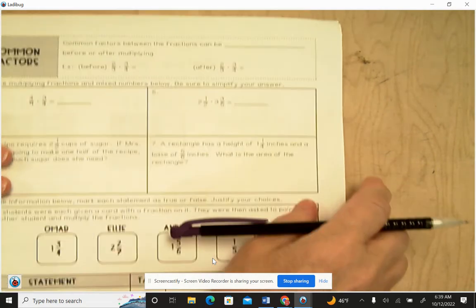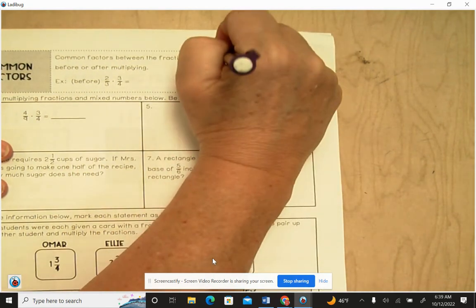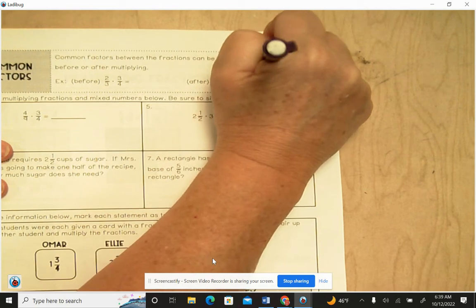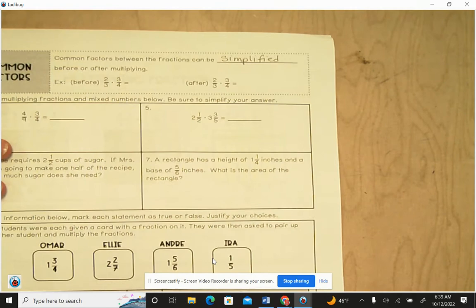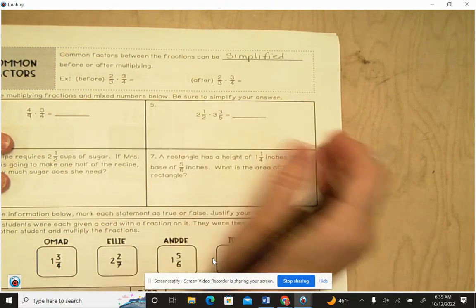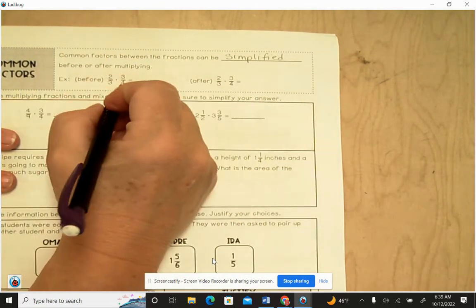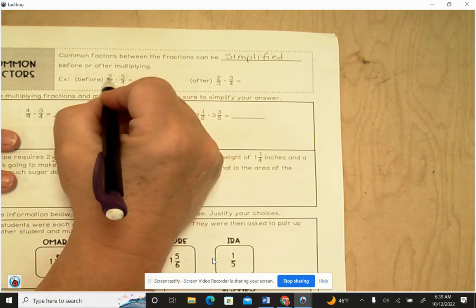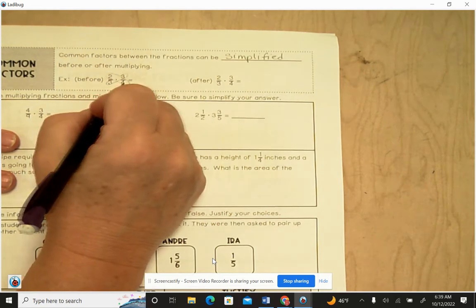Common factors between the fractions can be simplified. For example, 2 times 3 over 3 times 4. And what they mean is simplified before, or after, you're multiplying. If we look at our cross multiplications here, what number goes into 2 and 4? And that's 2, right?